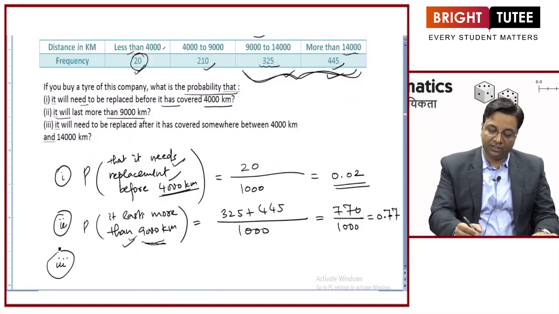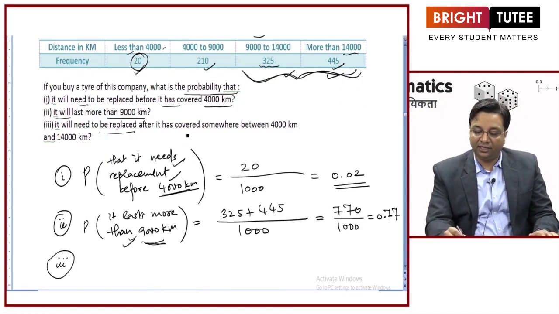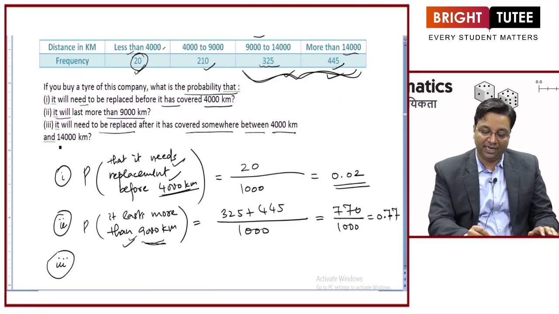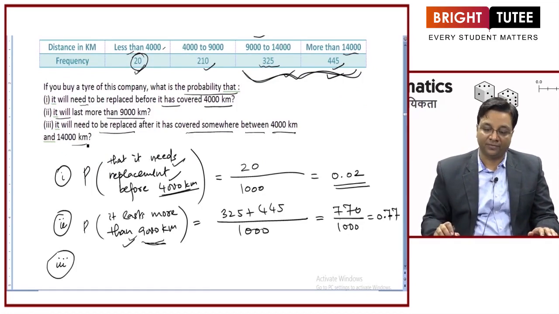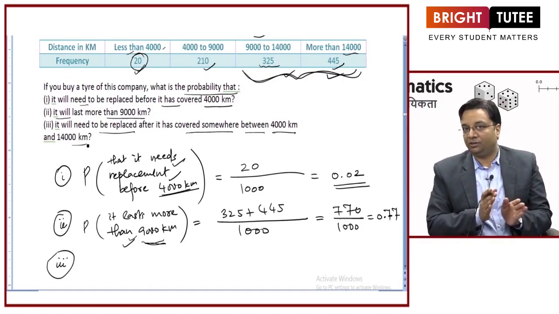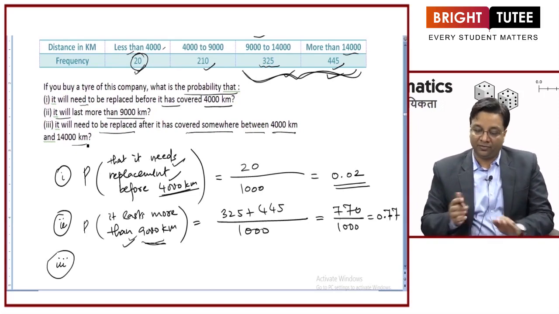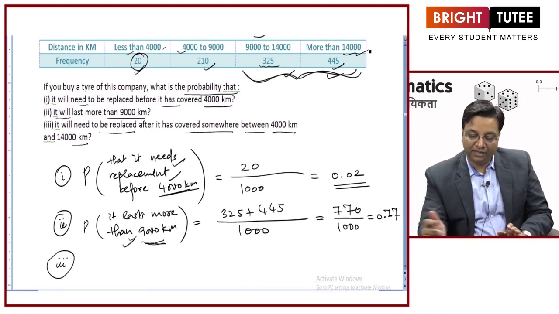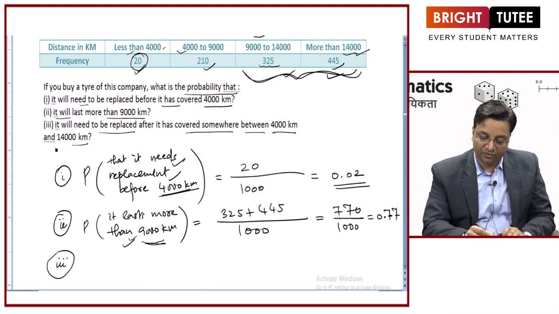Third, what is the probability that it will need to be replaced after it has covered somewhere between 4000 kilometers and 14000 kilometers. So, somewhere between 4000 and 14000. Now, see, 4000 to 9000 and then more than 14000. We need to calculate somewhere between 4000 and 14000.